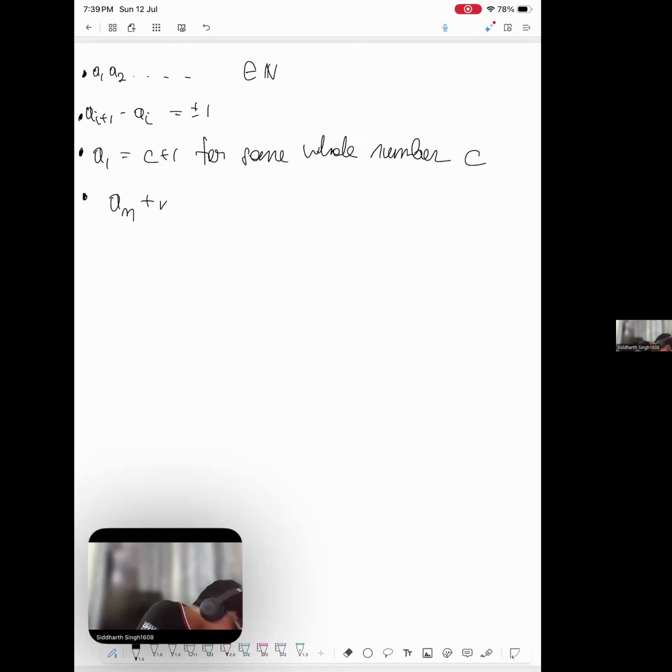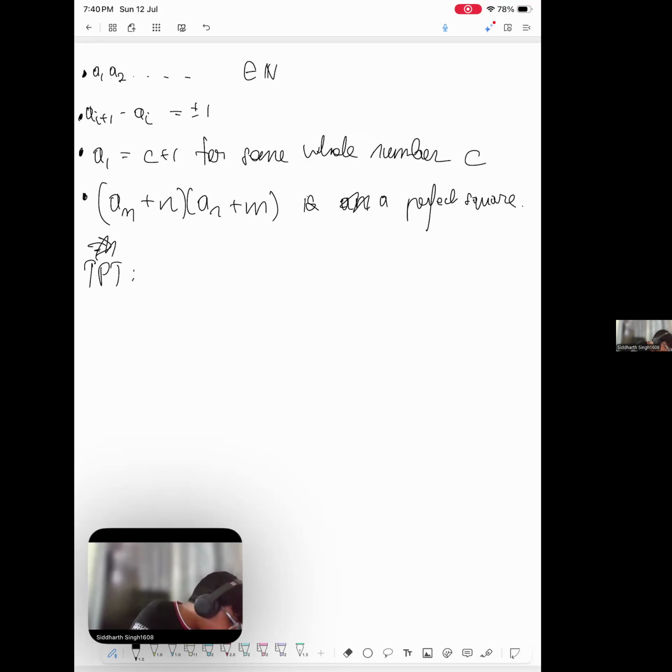And am plus n times an plus m is a perfect square. Then prove that am is equal to c plus m. So this is a homework question, guys.